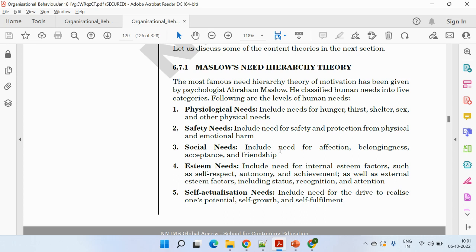So if you see, the first three are common. At the fourth one, she was looking for internal factors: self-respect, achievement, from her perspective. External factors she already had because she was recognized and had a good status. Self-actualization is the extreme top level, wherein all needs are satisfied and now they realize, okay, this is done, salary is not a factor for me, now I just need self-growth.